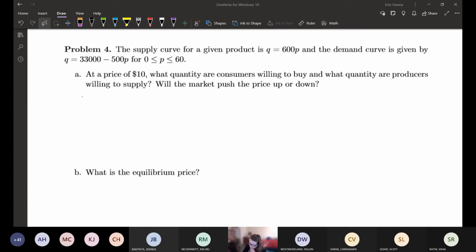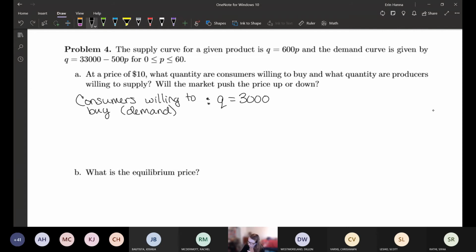So consumers willing to buy, that's going to be our demand. And so our quantity is in terms of price, so we're going to be plugging the price into the function. I missed a 3 there.